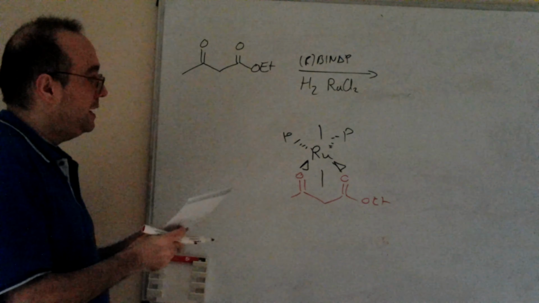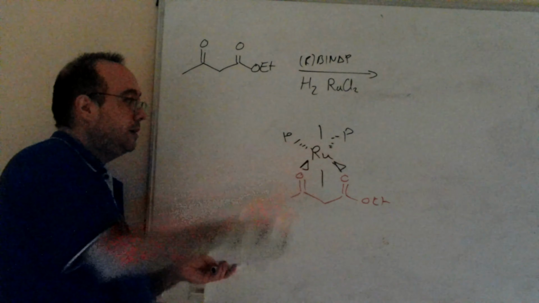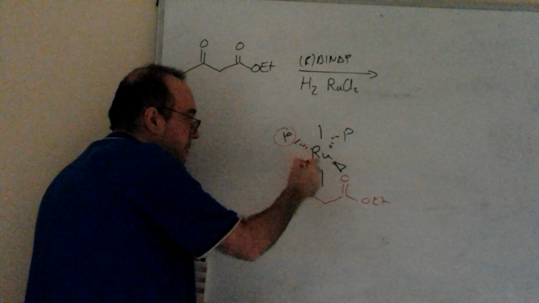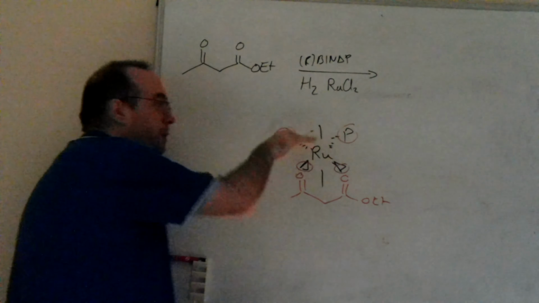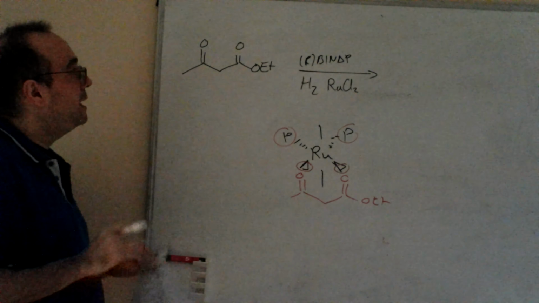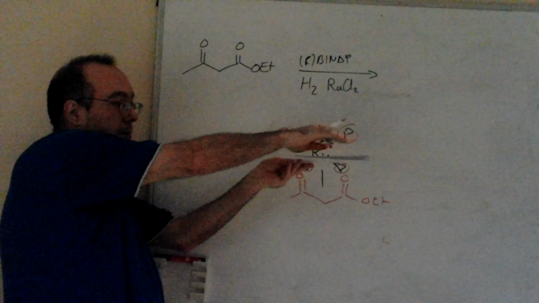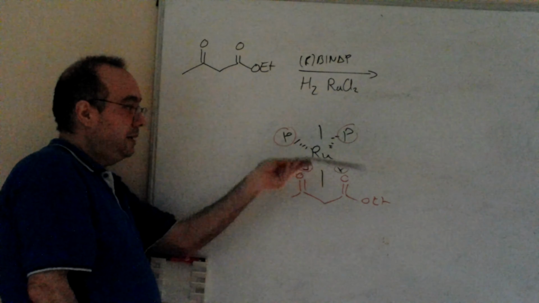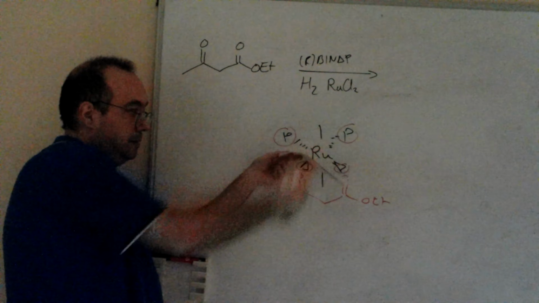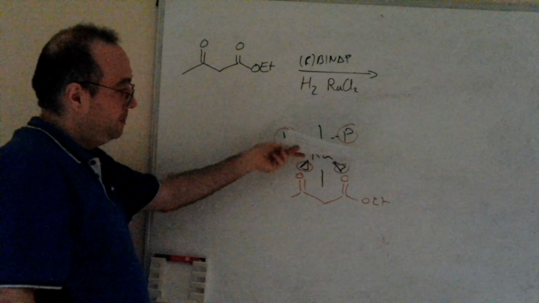In order to have an idea, this is perpendicular. These 4 positions are perpendicular to the whiteboard. That means that the ketoester is here, planar like here, on the paper. Okay.